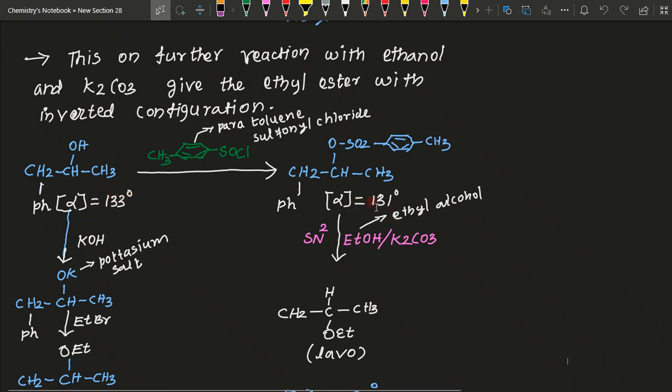This specific rotation is 131 degrees. It gives, this is KOH, an alkali base. It dissociates into K plus and OH minus.